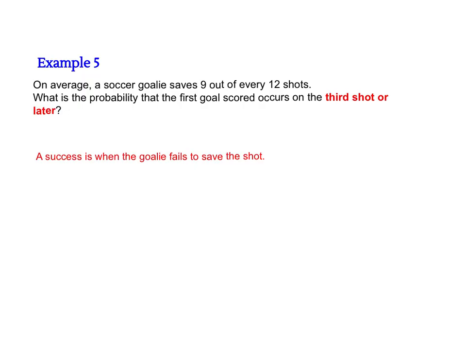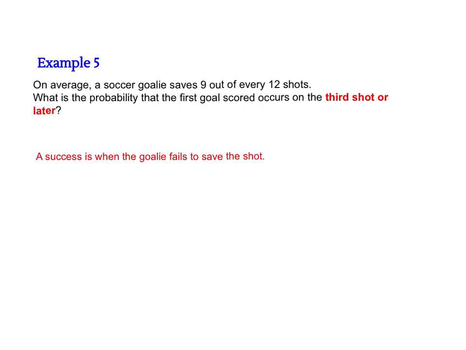A success is when he fails to save the shot, so success in this case is the goal going in. There's only a 3 in 12 probability that happens. Failure is him saving the shot, or them not scoring.